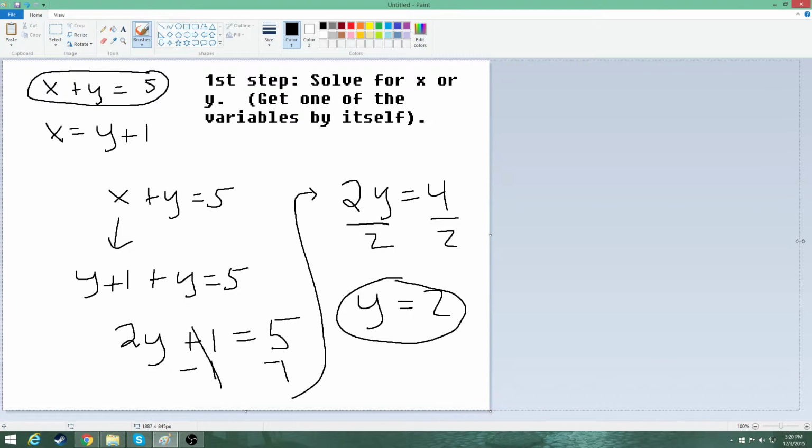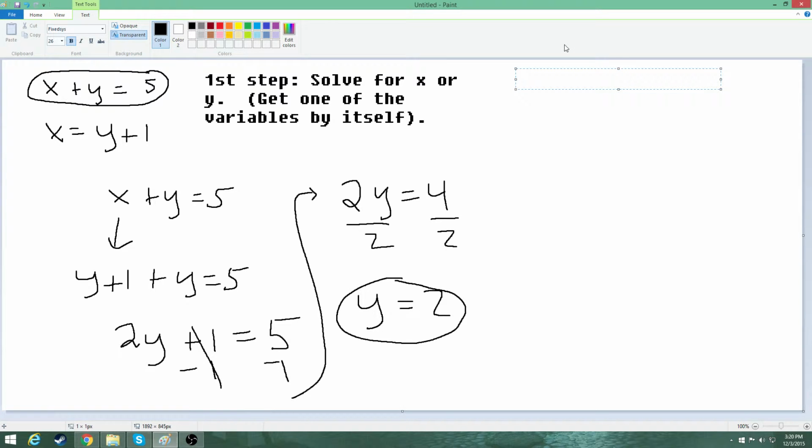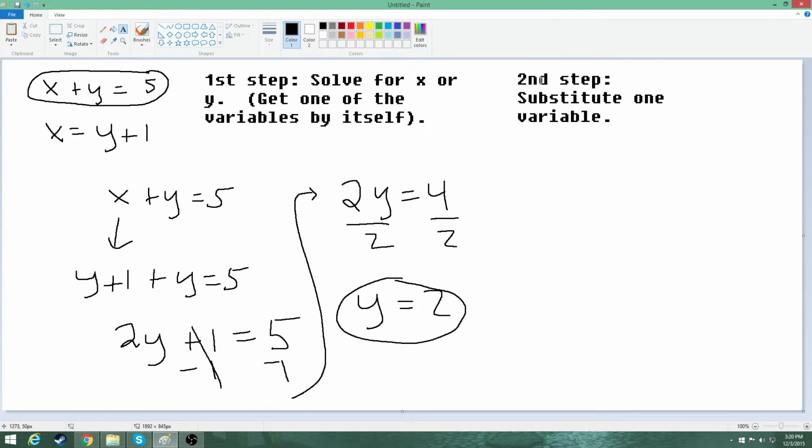Okay, so maybe we got to write down step 2 right now. Second step is to substitute for one variable.